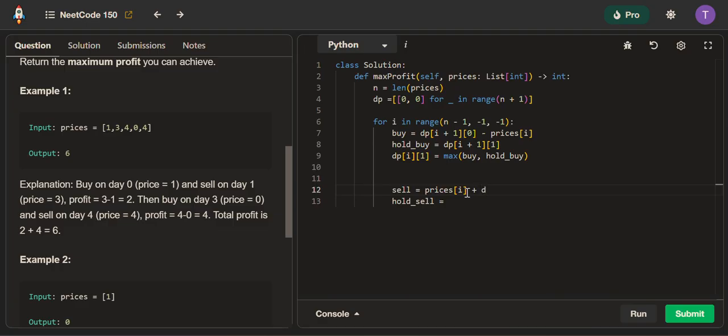So I will just say dp i plus 2. So we're taking the profit that we can make by buying in 2 days, right? Because this itself assumes that you're actually selling on this day. So if you sell on this day, you can't sell again.